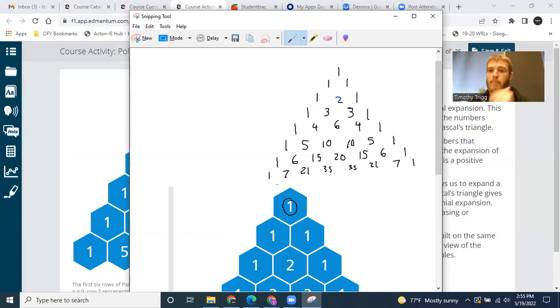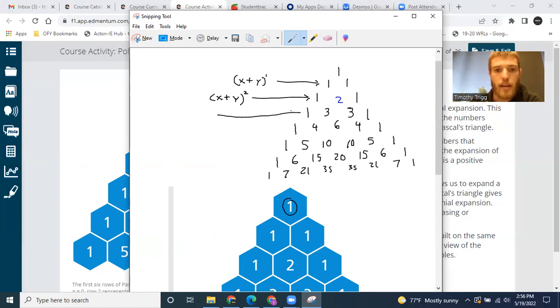Okay. And how do you use it? Well, you would use this top layer, this 1 layer, for x plus y to the power of 1. You use this layer for x plus y, or a plus b, whatever, to the power of 2.